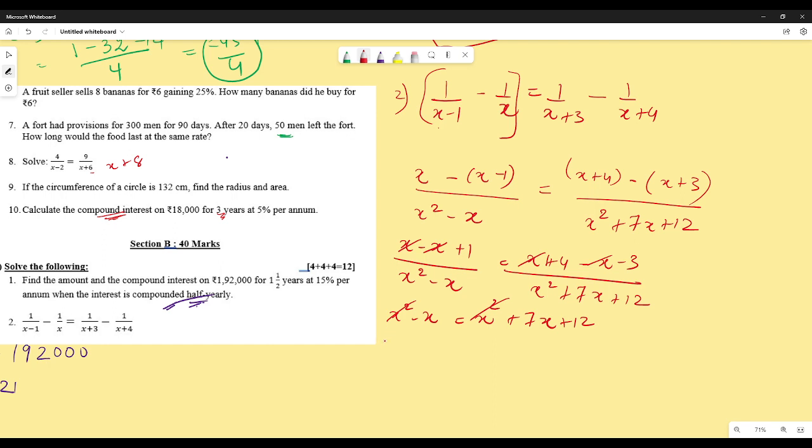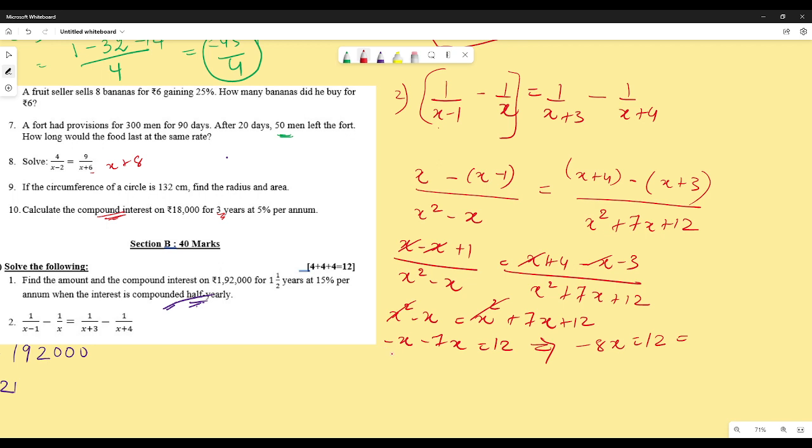So what we have over here is minus x, then we move the 7, remember, we are moving the 7 to this side, so it becomes minus 7x equals to 12. So this implies minus 8x equals to 12.